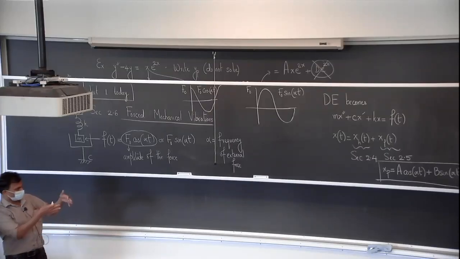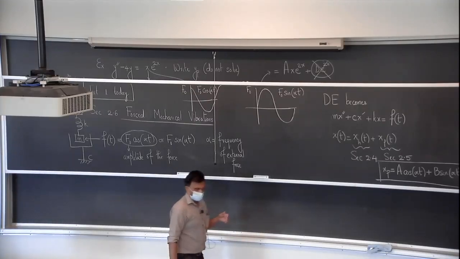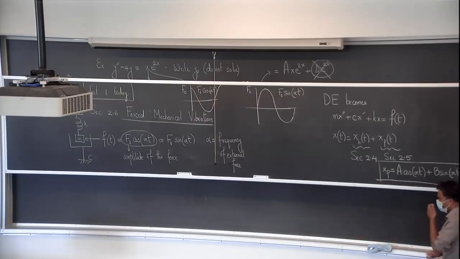So there is no surprise here. But this problem is going to be a little bit lengthy because of all these details coming together. So it's probably the longest problem you'll be doing this semester. So just give yourself enough time to do this. Apart from that, it's just a pretty straightforward exercise.